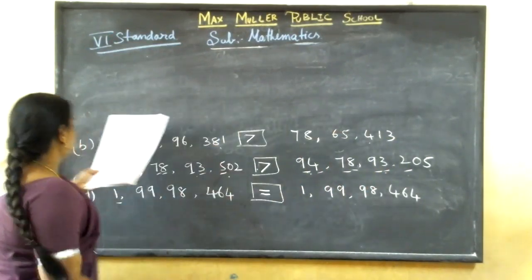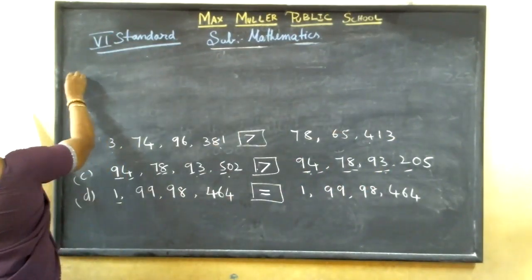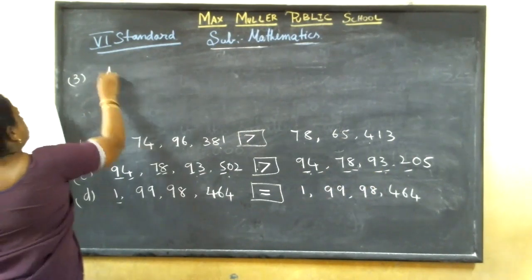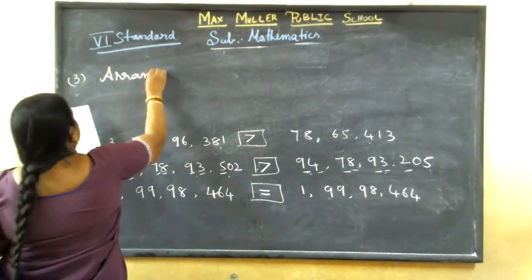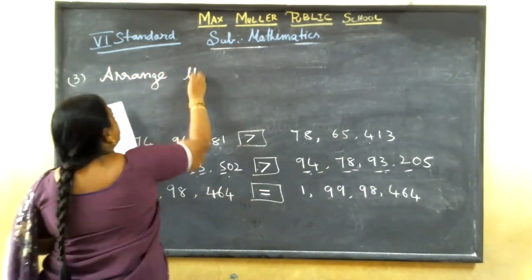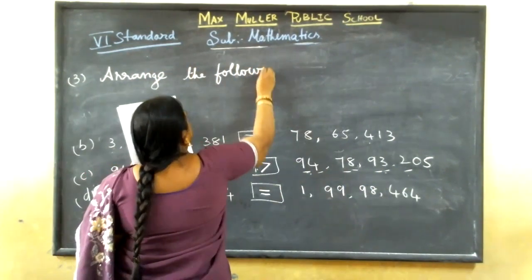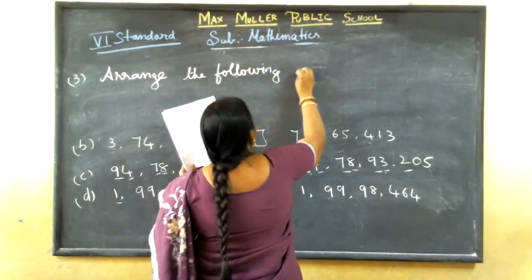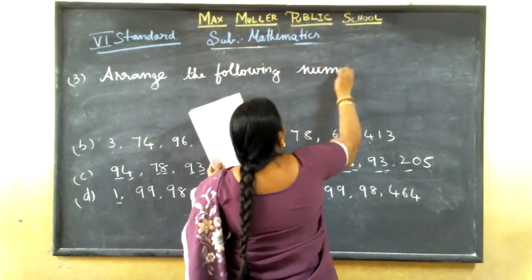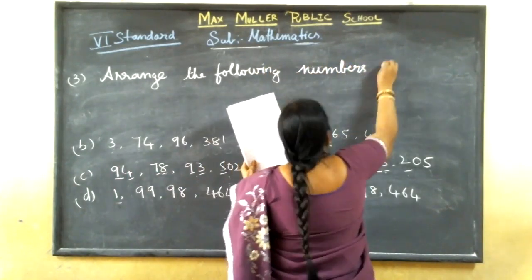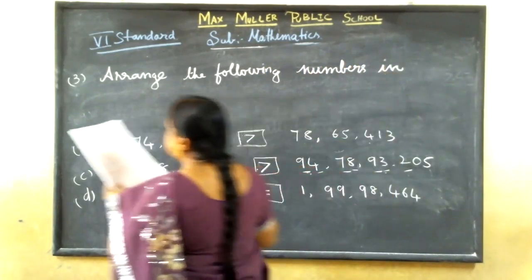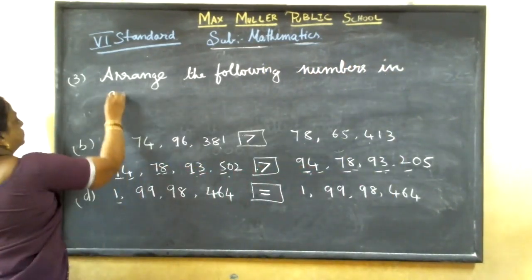Question number 3. Arrange the following numbers in ascending order.